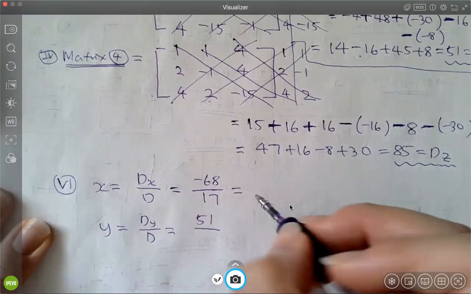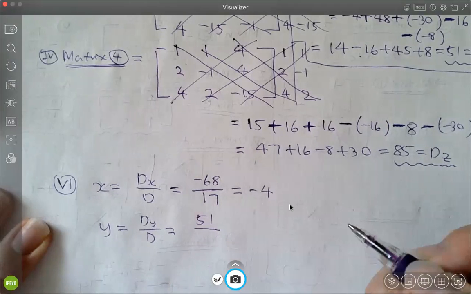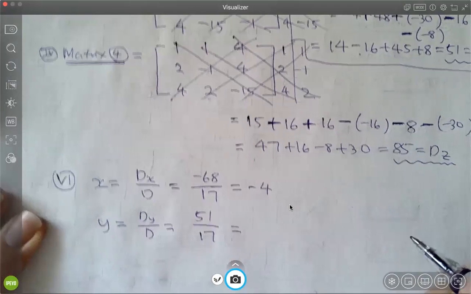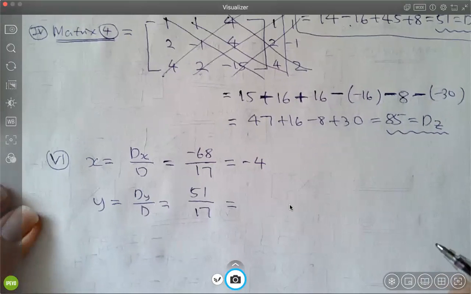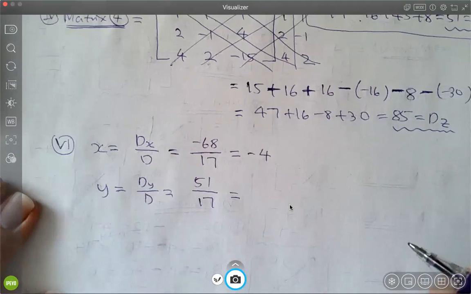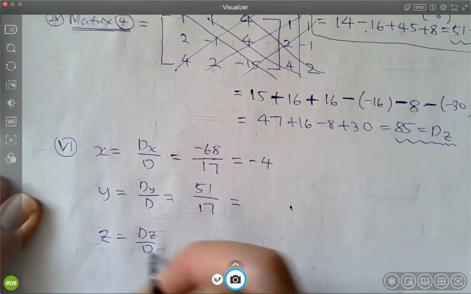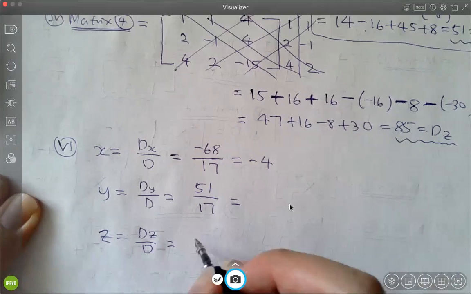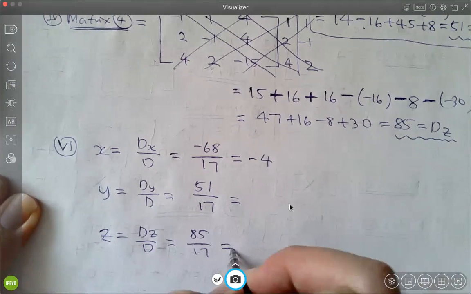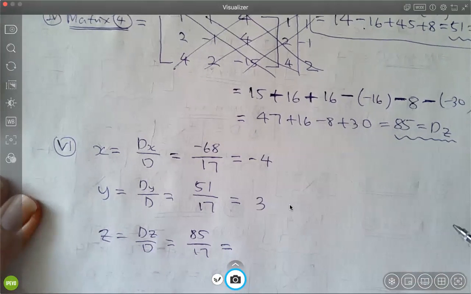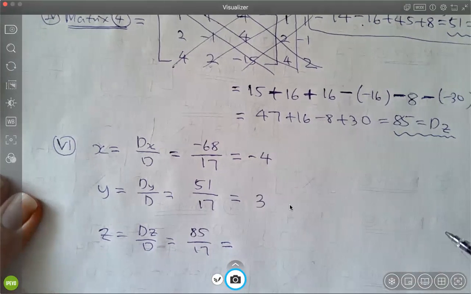And now, y is equal to dy over d, so that's 51 over 17. Can this be reduced? What is 51 over 17? 3, right? And z is equal to dz over d, so that's 85 over 17.